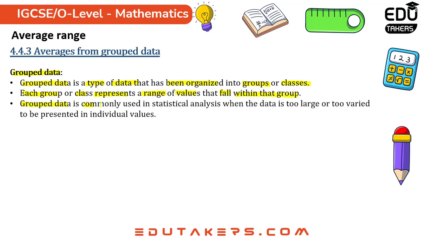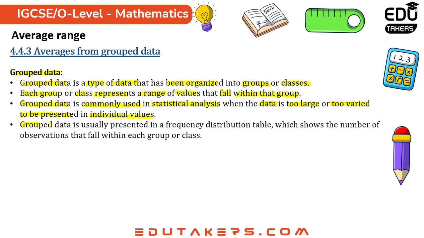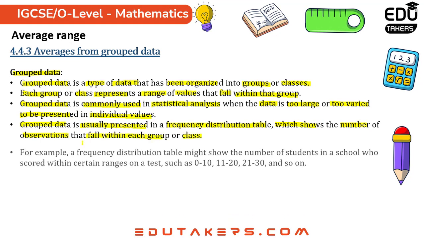Grouped data is commonly used in statistical analysis when the data is too large or too varied to be presented in individual values. Grouped data is usually presented in a frequency distribution table, which shows the number of observations that fall within each group or class.